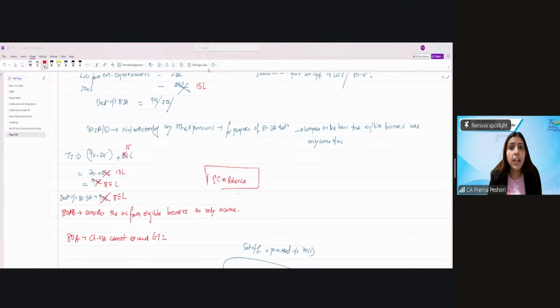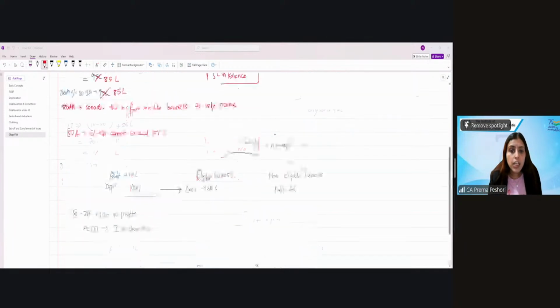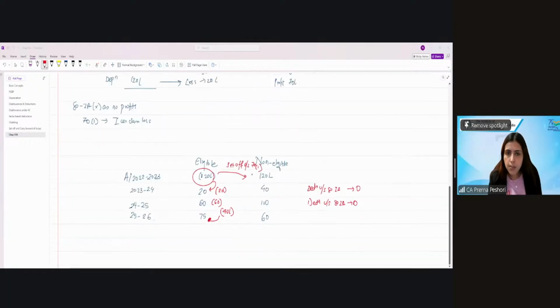Now, when you have multi-year income, like you had the brought forward losses and you have the current year income, you can't say that it was not the only source of income, I will only offset under 70. There is no income this year also. Because you are considering this as the only source of income, even though you have offset under 70 this loss, you have to consider this as the only source of income for all the years.